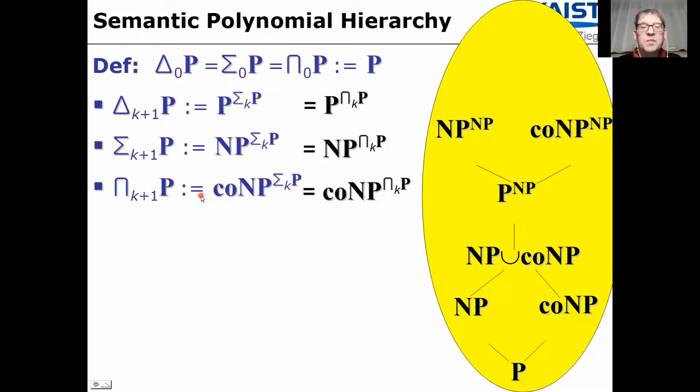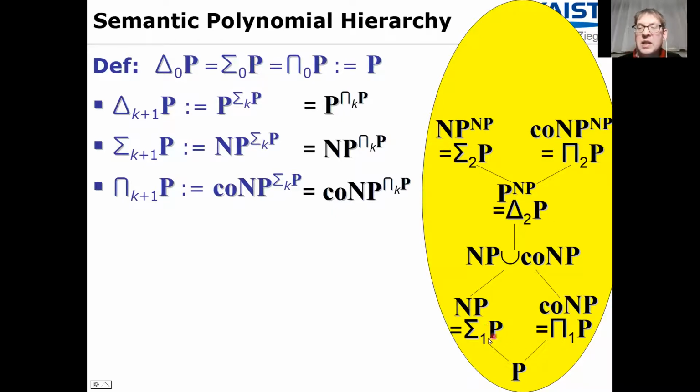That's our semantic hierarchy, because it refers to oracles, passing from deterministic to non-deterministic to co-non-deterministic programs allowed to make such oracle queries. And so we can now rephrase the classes that we've already discussed in terms of basic levels of this hierarchy, but also the higher levels. Remember we had this problem, minimizing Boolean expressions.